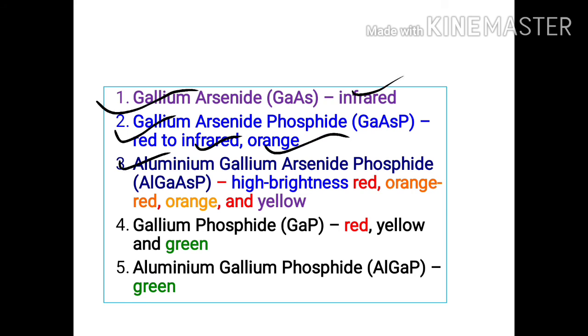Third one is aluminum gallium arsenide phosphide, so it will produce high brightness red color, orange red color, orange and yellow color. Fourth one is gallium phosphide, GaP, that will produce red, yellow and green color of light. Fifth one is aluminum gallium phosphide, so this will produce green color.